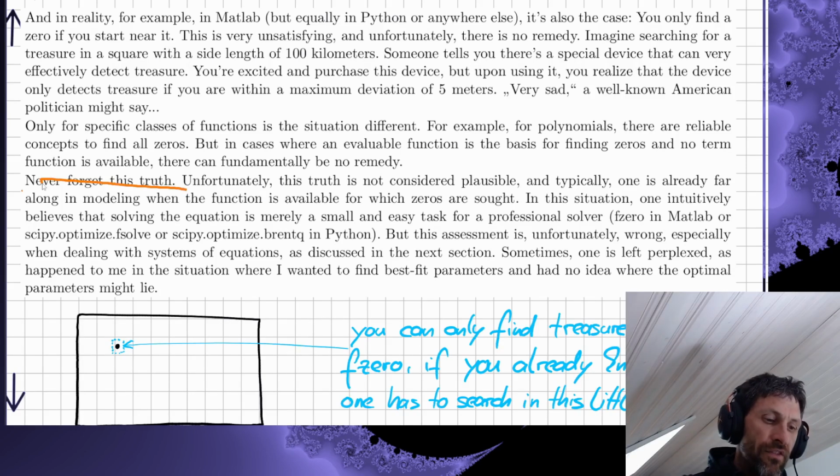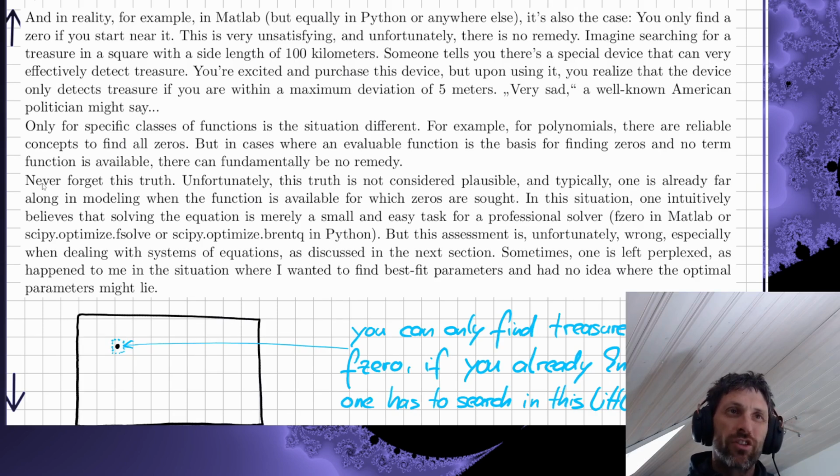Never forget that truth. Unfortunately, this truth is not considered plausible, and typically one assumes that not me, the user, has to provide initial values, but the intelligent algorithm will find them.